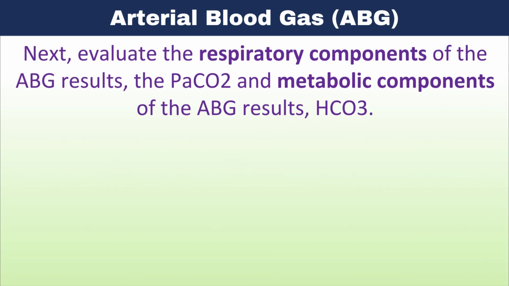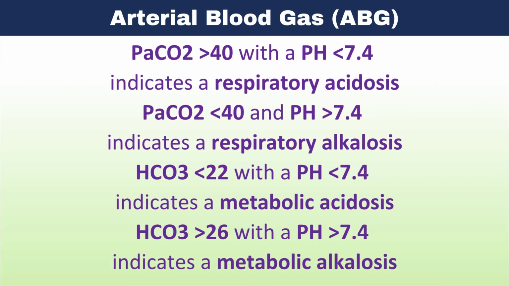The next step is to evaluate the respiratory and metabolic components of the ABG results, the PaCO2 and HCO3 respectively. The partial pressure of carbon dioxide indicates whether the acidosis or alkalemia is primarily respiratory or metabolic. Partial pressure of carbon dioxide more than 40 with a pH less than 7.4 indicates a respiratory acidosis.